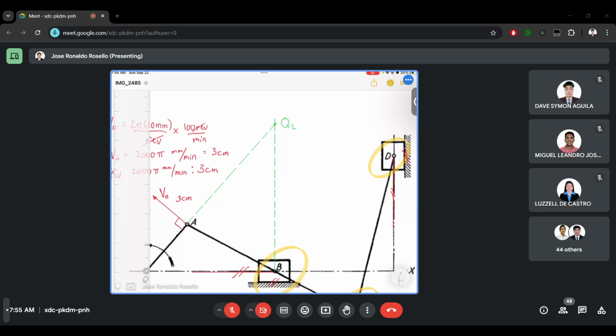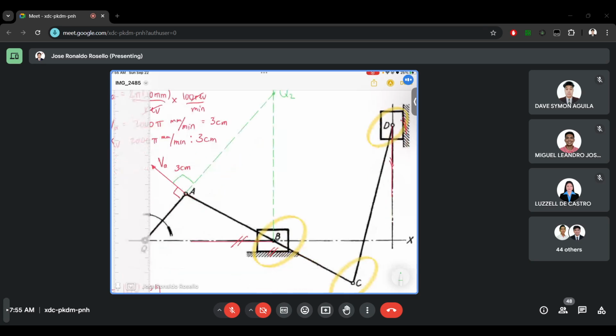Again, let's first determine the instantaneous axis. The instantaneous axis can be found by making perpendicular lines to the directions of the vectors on the same link and making them intersect. So for this one, I made a perpendicular line to vector VA. Then I made a perpendicular to vector VB.